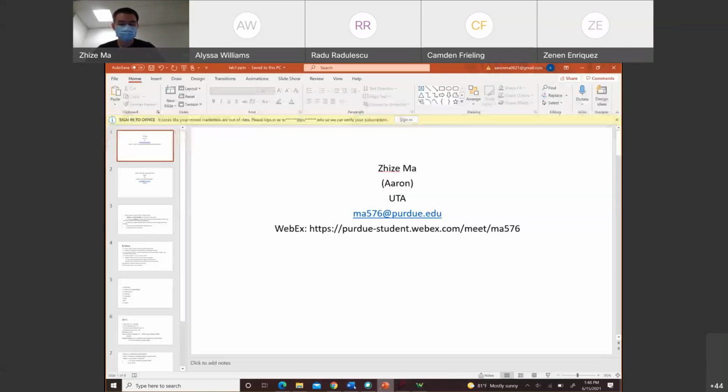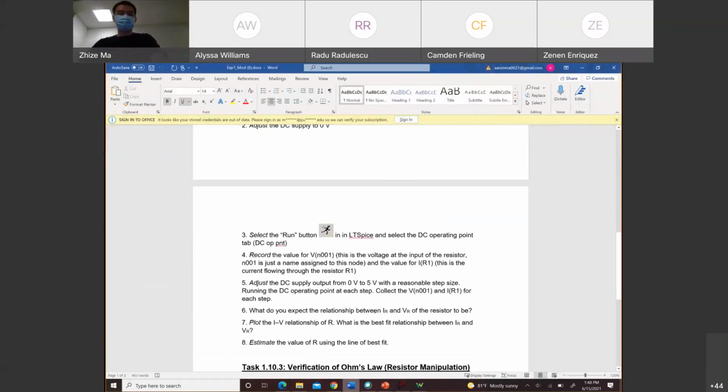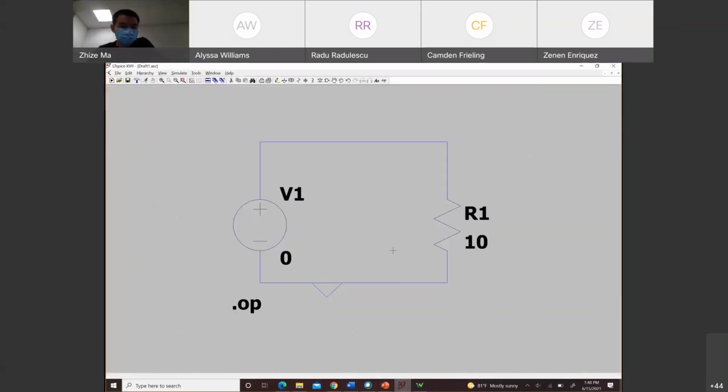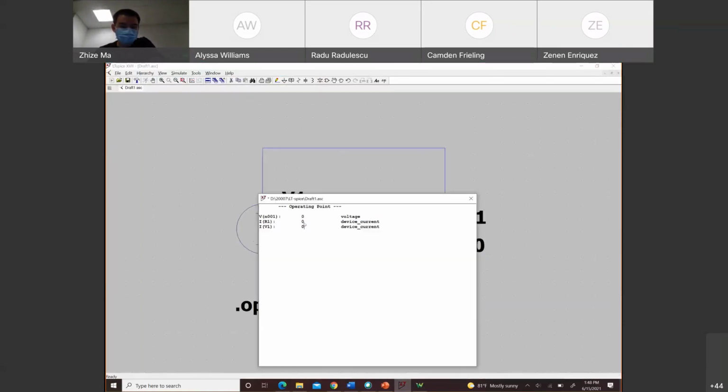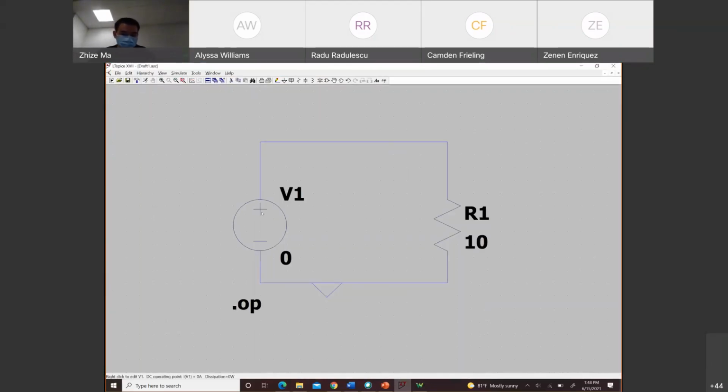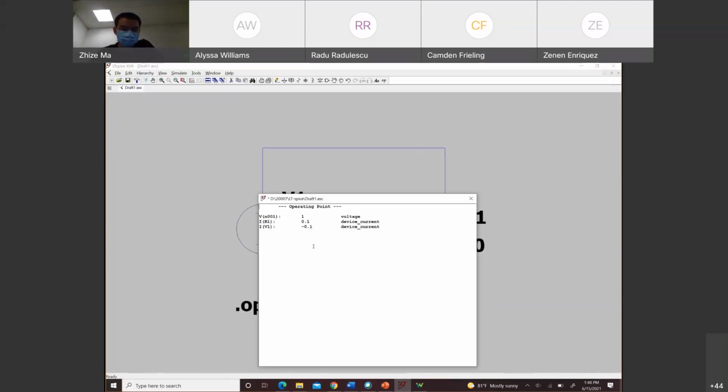I think you need to sweep at least 10 points, and then you record the data for the voltage and the current, which you can get from the simulation. This will be your current, this will be your voltage. For example, if I change this to 1 volt, the result will be different. The current will be 0.1 amp. So remember the unit: this is 1 volt and this is 0.1 amp.